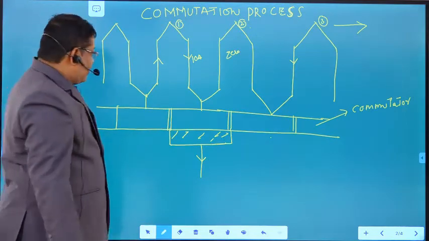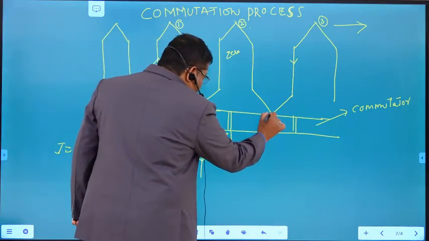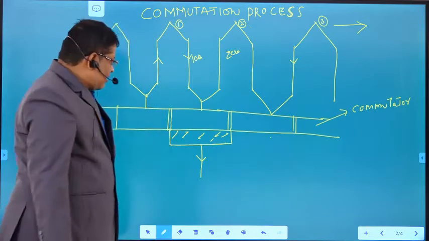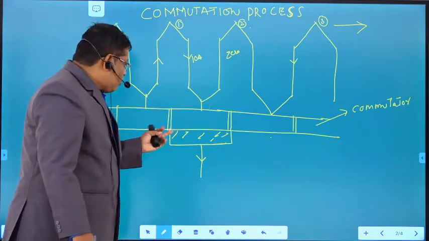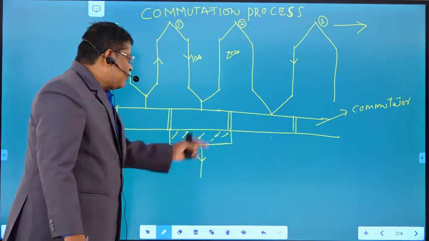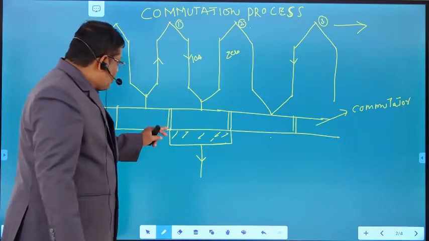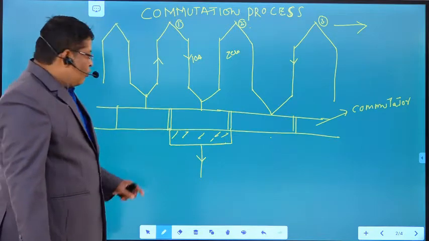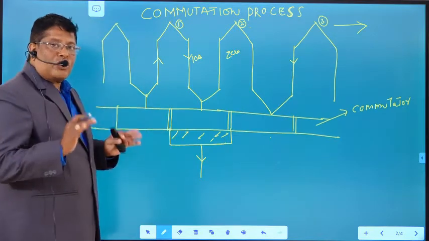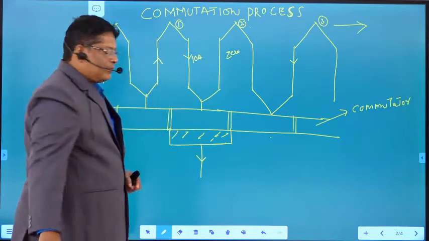Initially the brush is here, from this point to this point. In the second case, we have taken the commutator moving in this direction. So this is the position of the brush in the second case. When the brush is in this position, the brush is trying to short circuit coil 1.